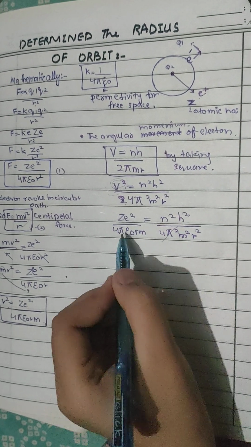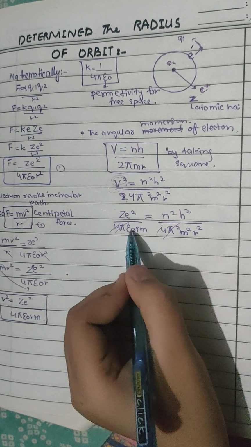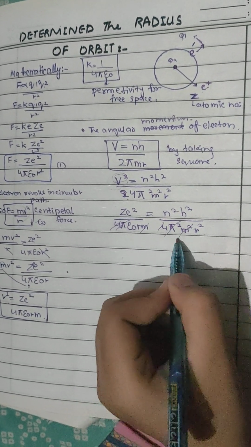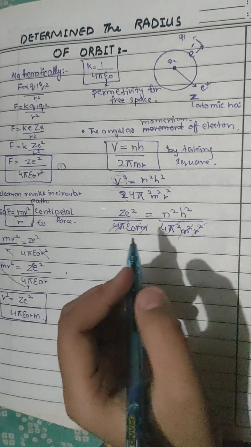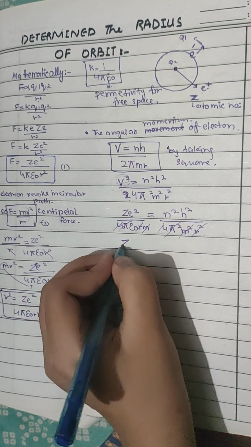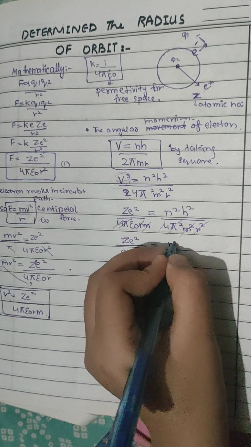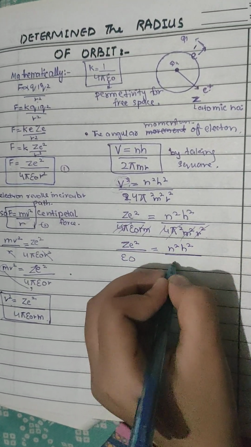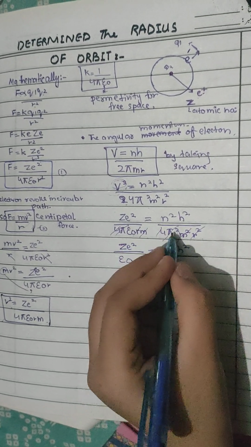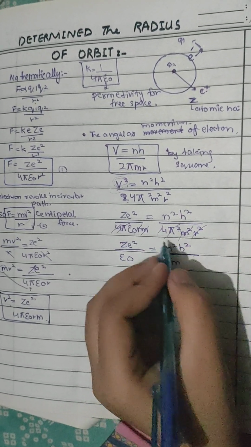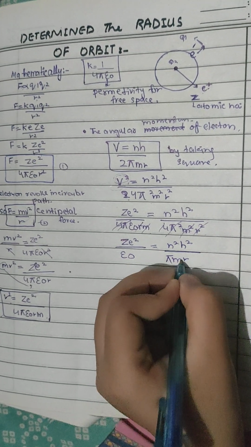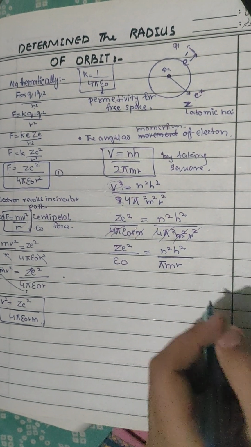Pi 2, 1 pi cancels, 4 cancels, m 1 cancels, r 1 cancels. Okay, here you can see what we get: ZE square upon epsilon is equal to n square h square upon pi m r. Okay, we got this one.